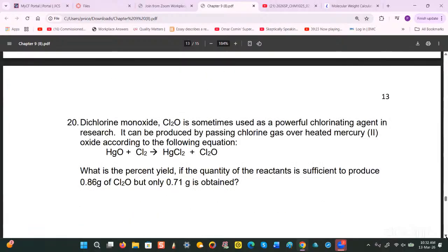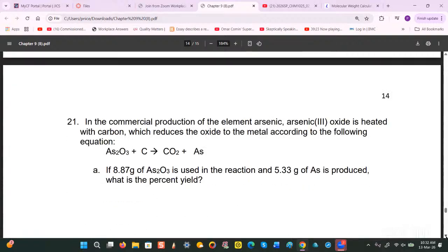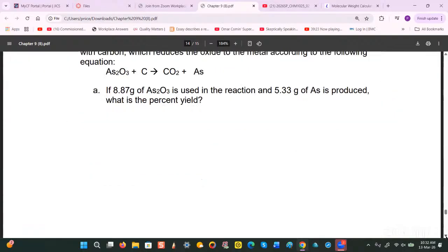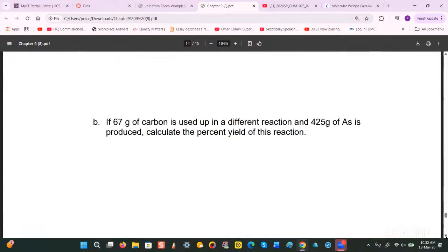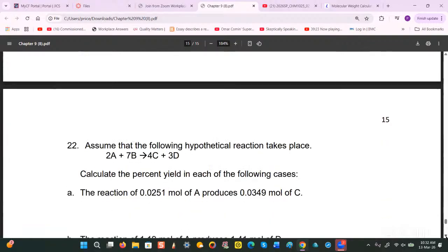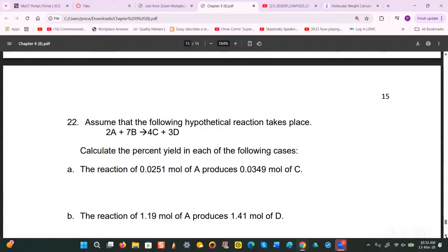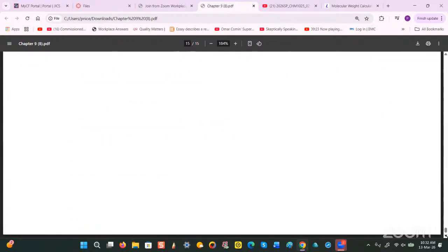Same for number 20. Number 21, too. You should be able to do that, A and B parts. And number 22, you should be able to do as well. And that's it. All right.